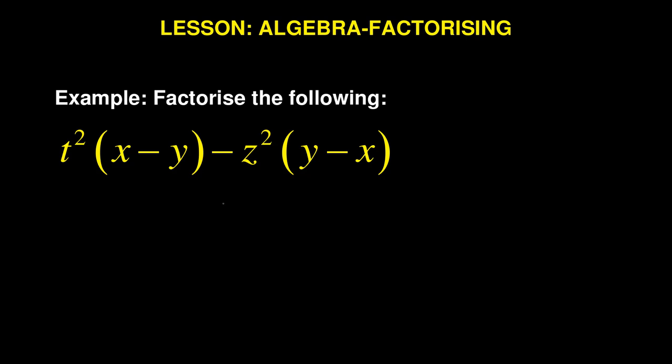So you are supposed to factorize this kind of an expression, and now before you can factorize it, let us study this kind of a question and see how the examiners were trying to trick you in this case. It says t squared into x minus y minus z squared into y minus x. So now if you're supposed to factorize, the main thing that you're noticing is the x minus y and the y minus x.